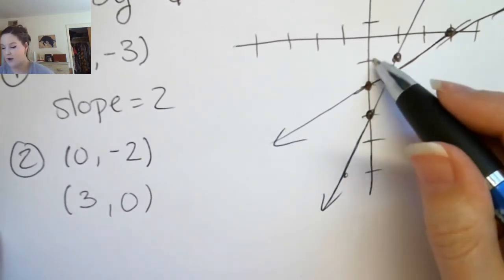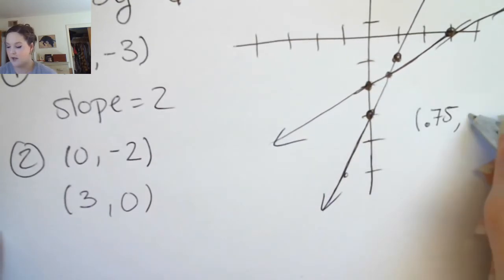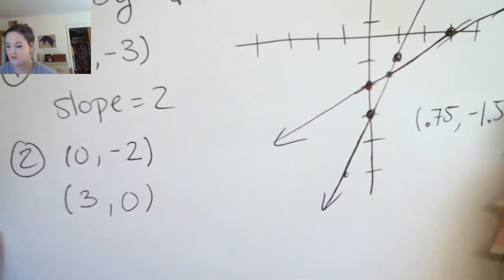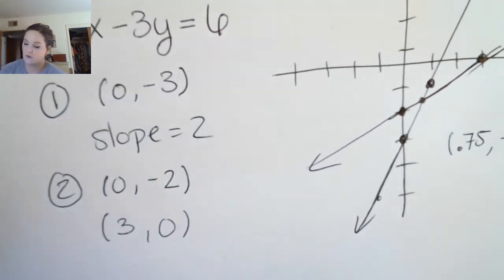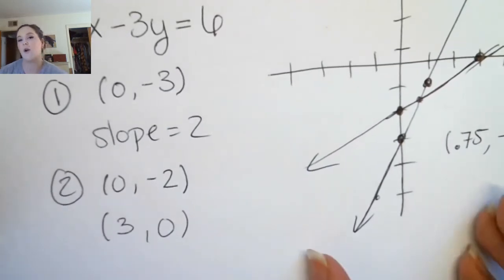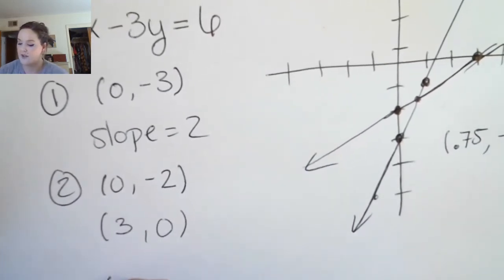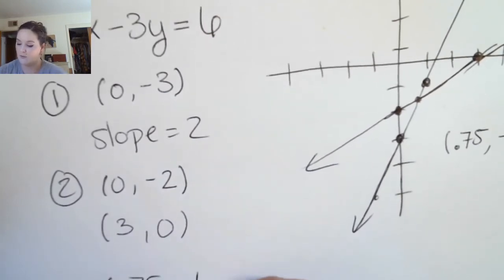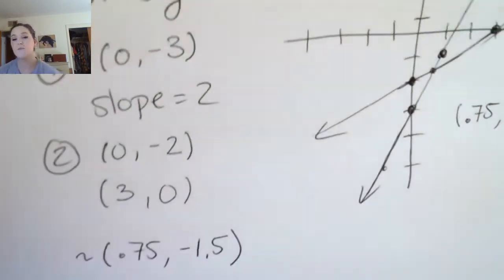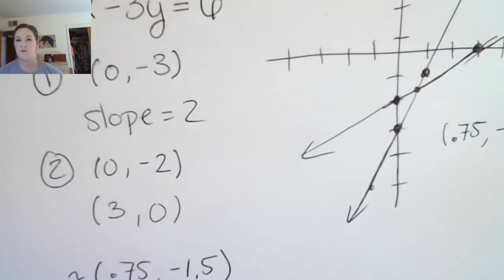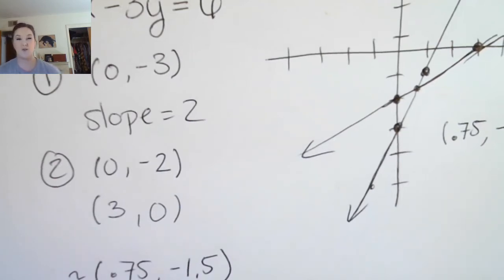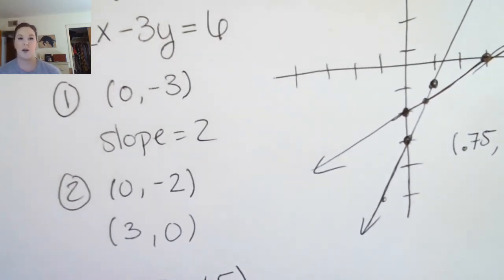And the y value is between -1 and -2, so like -1.5. From looking at the graph, all we can tell is that it is approximately (0.75, -1.5). If it says to use the graph, it's totally fine to estimate. There are other methods, and in general this might not be the best method because you have to estimate, but for now, because it said solve by graphing, we are going to graph.